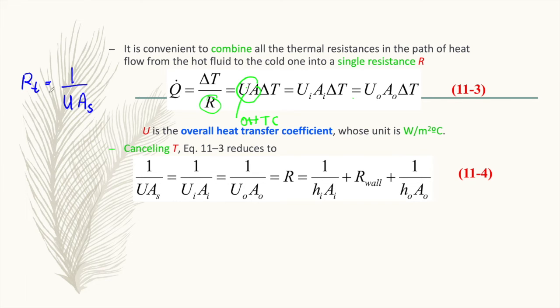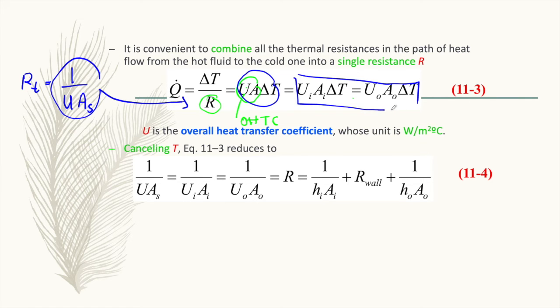So if you don't want to use the R terms, you can change it into overall heat transfer coefficient terms by substituting R total with 1 over UAs. You have this, and substituting inside this, it will become this. This equation I will explain later. Why does this become like this?